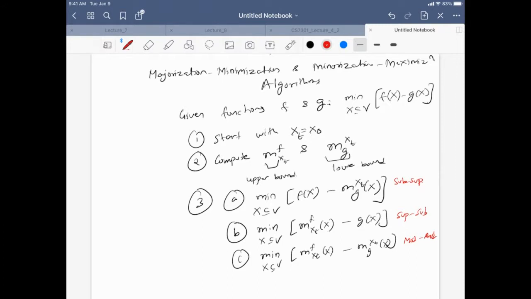Now the interesting thing is that we are converting this difference of submodular optimization, which is very hard, into, in case a, a submodular minimization, because this function is modular. A difference between a submodular function and a modular function is submodular. So this problem 3a is actually a submodular minimization. 3b is actually a supermodular minimization, but we can recast it into a submodular max problem.